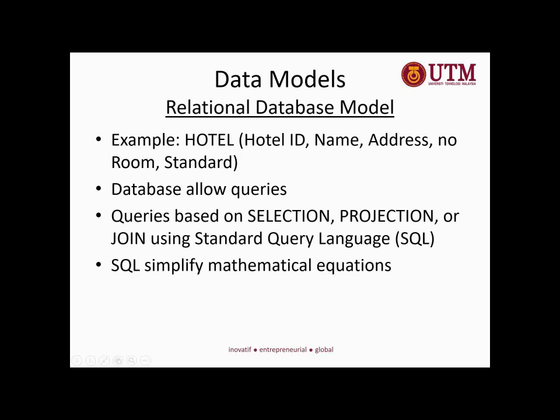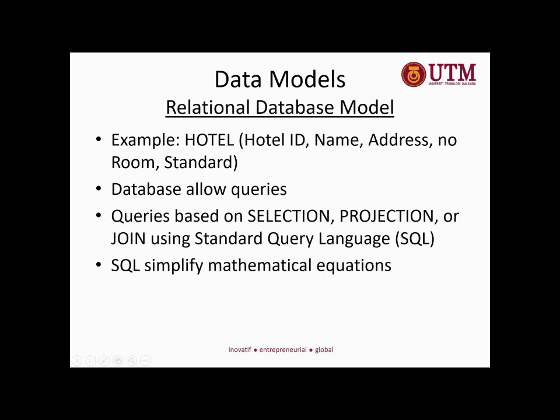So this is the relational database model. We have an example, this hotel. The database will allow queries on the hotel: what the ID is, what the name of the hotel is, the address, the number of rooms they have, and whether it is standard or not. The queries are based on selection and projection. Selection is based on rows, projection is based on columns, and others.